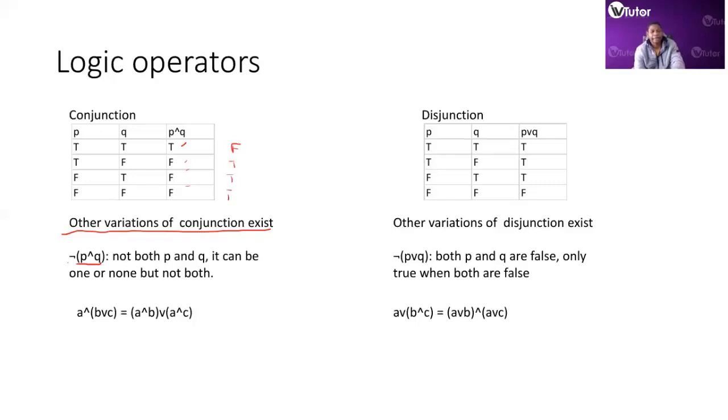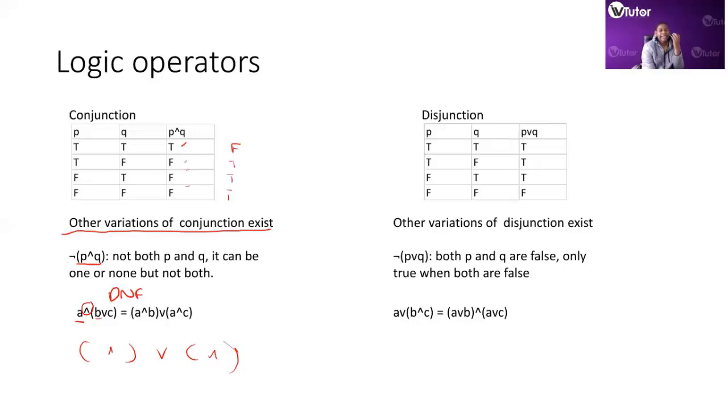Then we also have distributivity. So we have got a conjunction of B or C. Right, so we call this the disjunction normal form, or DNF. So disjunction normal form says you distribute this and into the brackets and then you have a disjunction there.